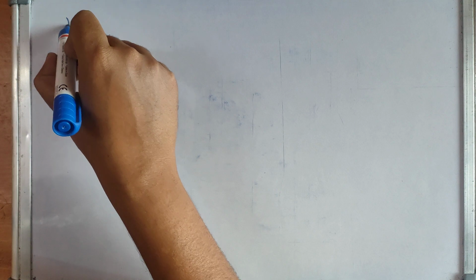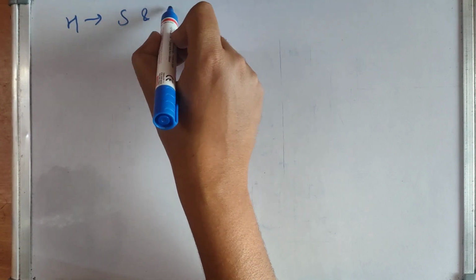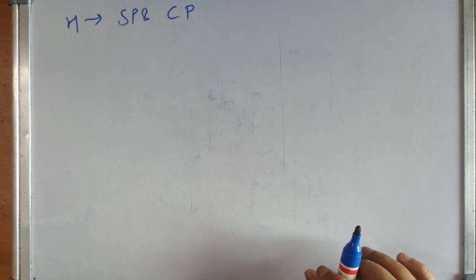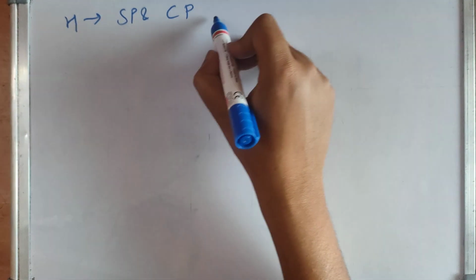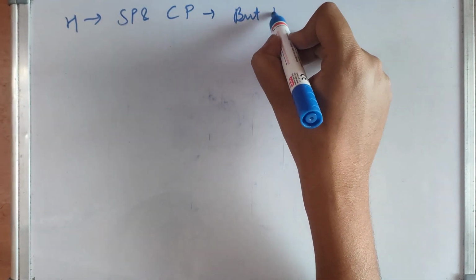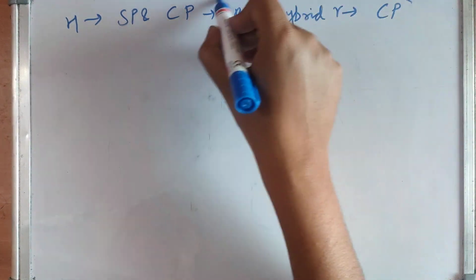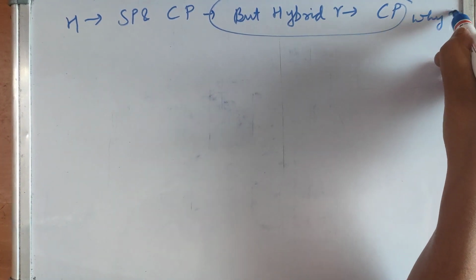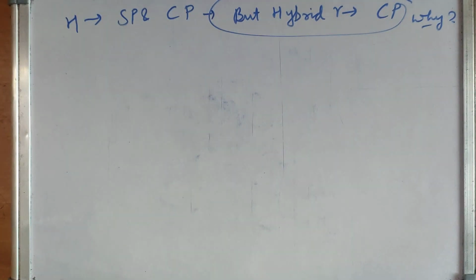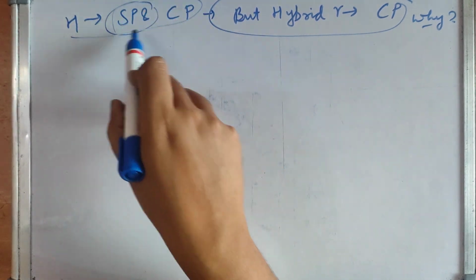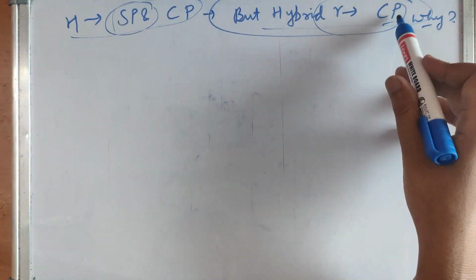The last topic is that heterosis is observed in both self-pollinated and cross-pollinated crops, but hybrid varieties are more common in cross-pollinated crops. Why? This was asked in previous years, so we need to discuss it, because we know how important previous years' papers are for agriculture.